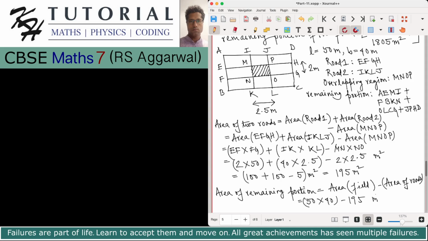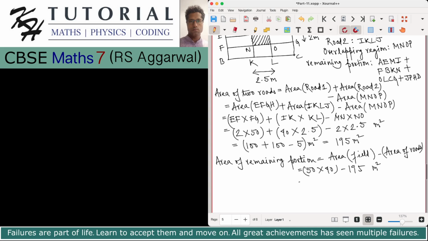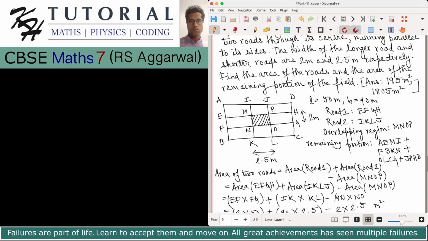So this is equal to 2,000 minus 195 meter square, and this is equal to 1805 meter square, the area of the remaining portion of the field.